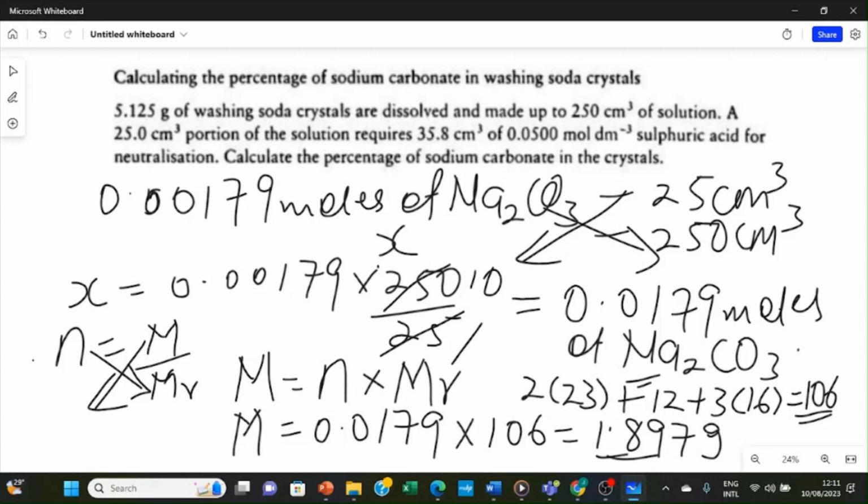So that is the mass of what? Sodium carbonate. So we have to calculate the percentage purity. We have to calculate the percentage of sodium carbonate in the crystals. So the mass of pure sodium carbonate is 1.897 gram. So I have to erase this for space.